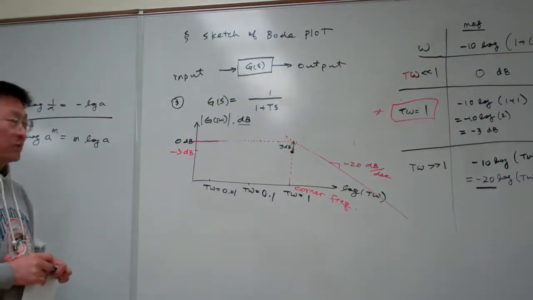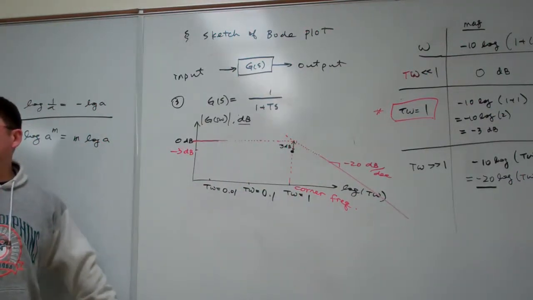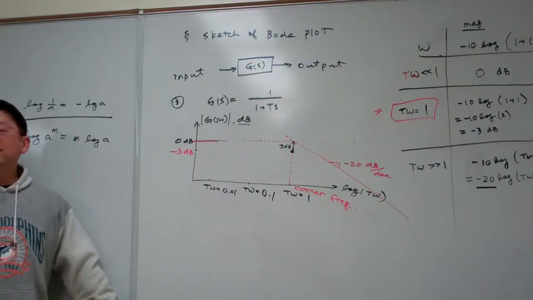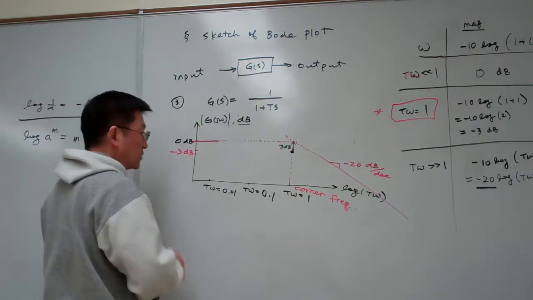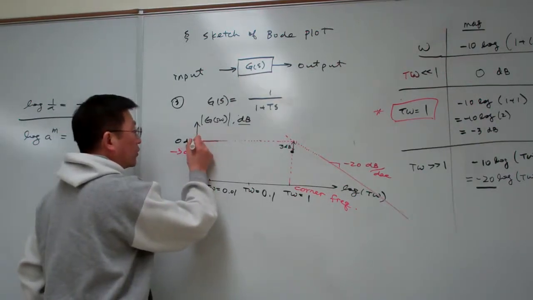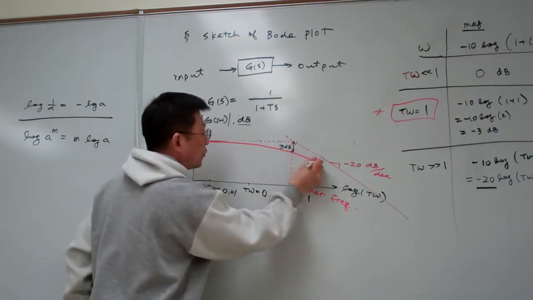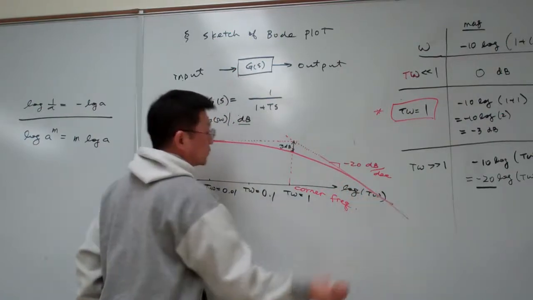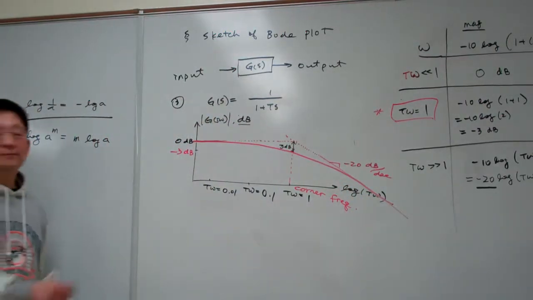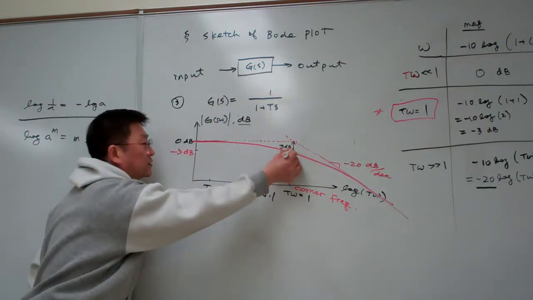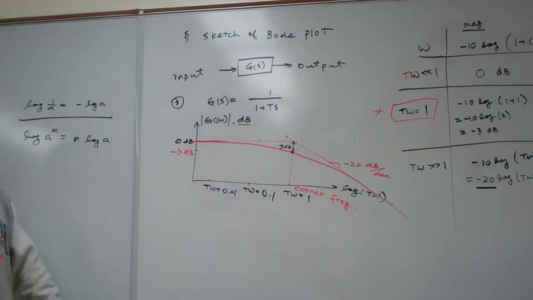So with that point labeled, we can approximate our drawing manually. By doing this, from the asymptotes, you gradually draw the curve passing that point and then approaching the asymptotes there. Okay? So that is similar to what we did in our locus.